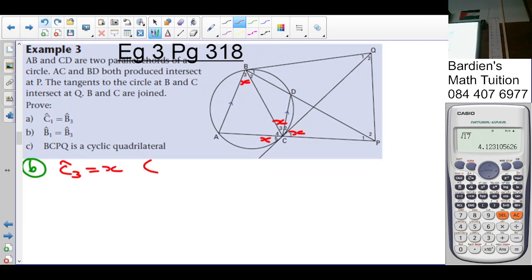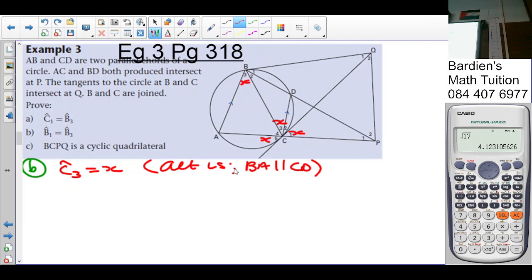Why? Alternate angles with BA being parallel to CD. You see the Z there?